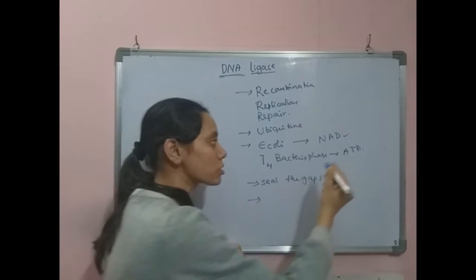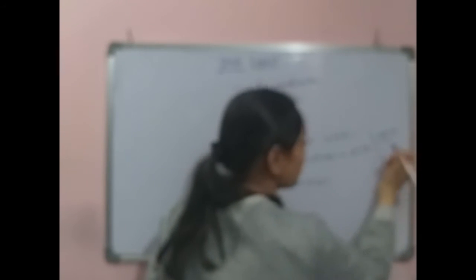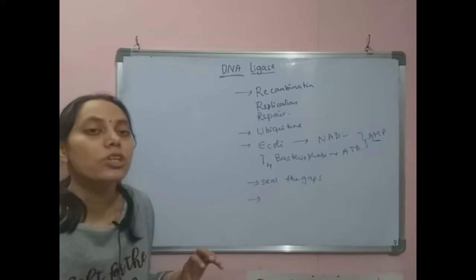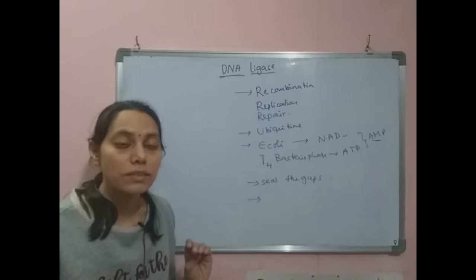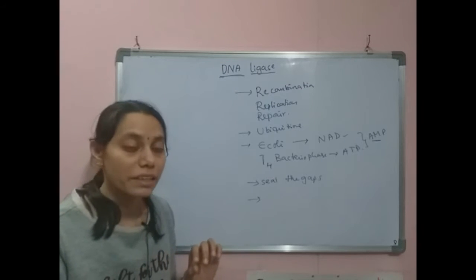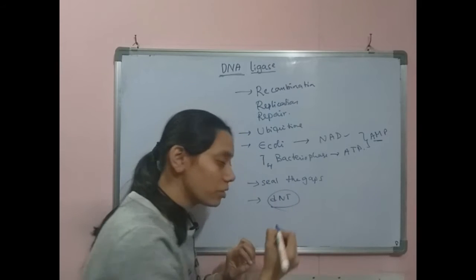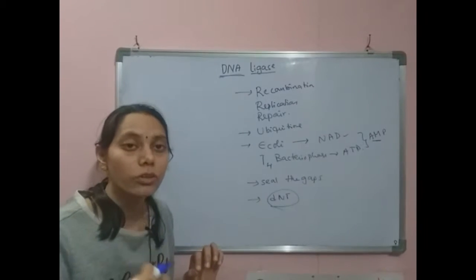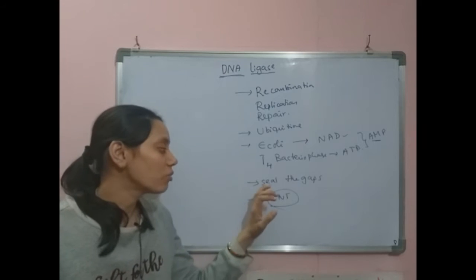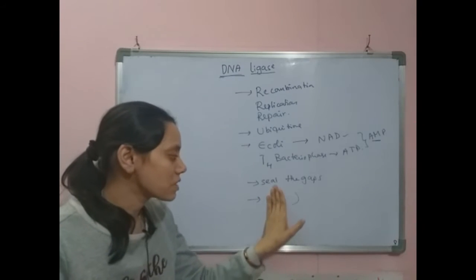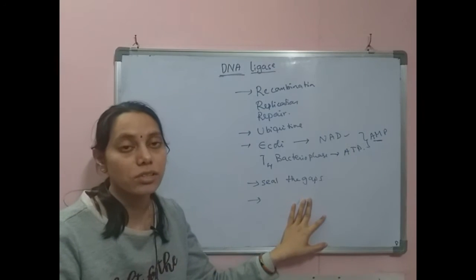Basically, these two sources donate their AMP, that means adenine monophosphate, to the enzyme so that the enzyme can seal the gap. It will not add dNTPs to the growing nucleotide chain similar to the polymerases, but it will only seal the gaps. That means it will only make a phosphodiester bond between two adjacent nucleotides.